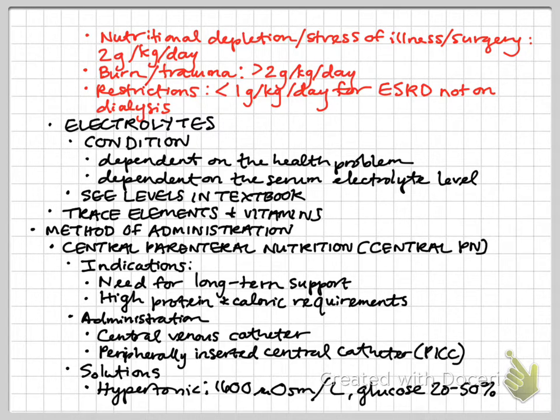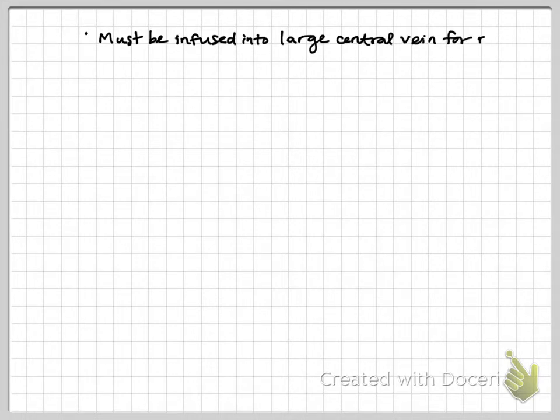All right, so bringing me to the point that I just made, I'm trying to count the boxes so I don't get you guys confused about which bullet points I'm using, because I'm neurotic. So this hypertonic solution must be infused into a large central vein for rapid dilution into the blood, so that it just is diluted by the blood basically and spreads throughout the body.